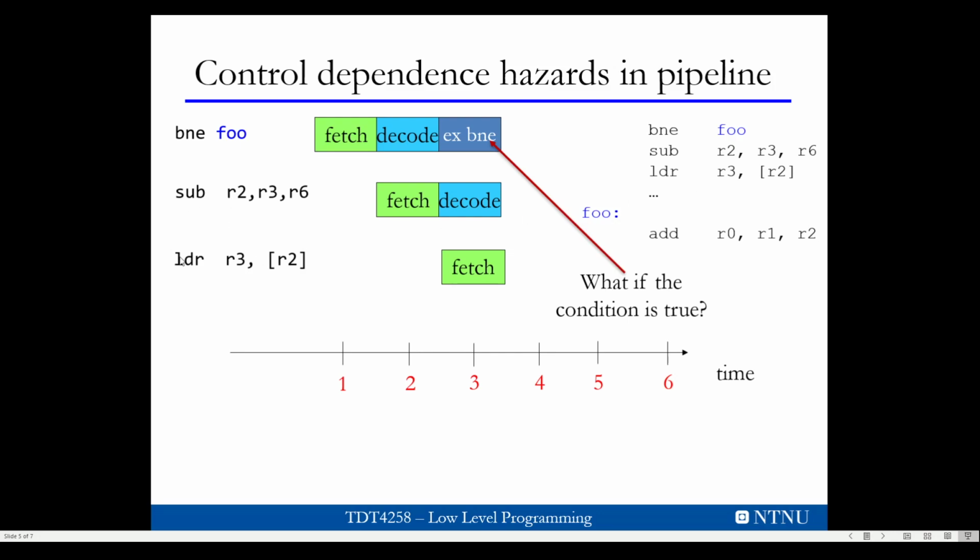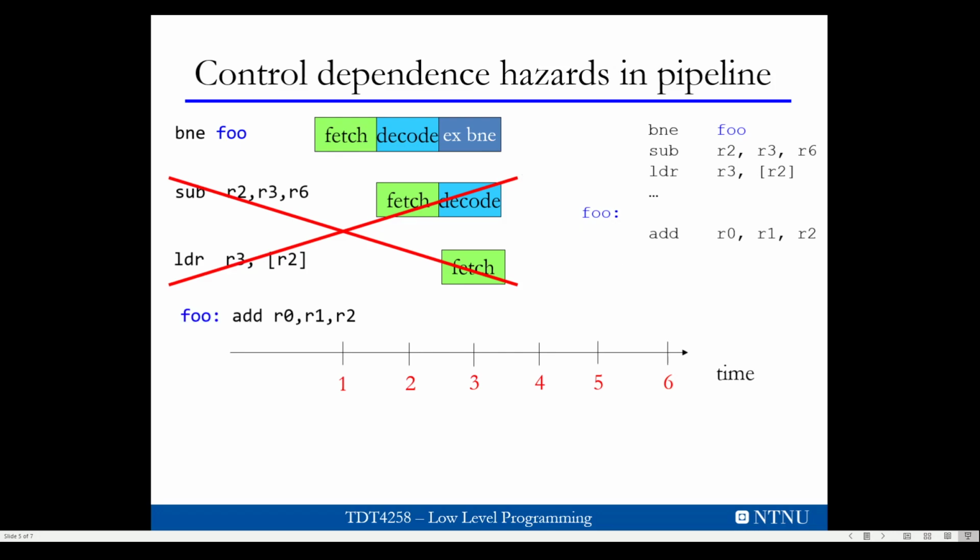However, in the pipeline, we have already fetched these two instructions. That means we fetched something wrong. So we need to flush these instructions out of the pipeline, get rid of everything that these instructions have caused, and then start the execution from the add instruction.